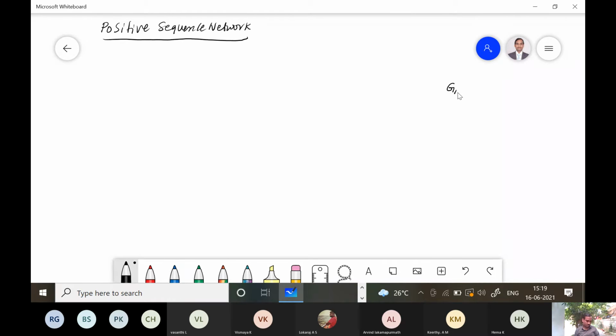Before drawing the positive sequence network, whatever the calculated values, I will write them on one side. For generator 1, we have calculated positive, negative and zero sequence. Positive sequence is calculated as j0.443, negative sequence is also the same, j0.443 per unit, and zero sequence we have calculated j0.22 per unit.